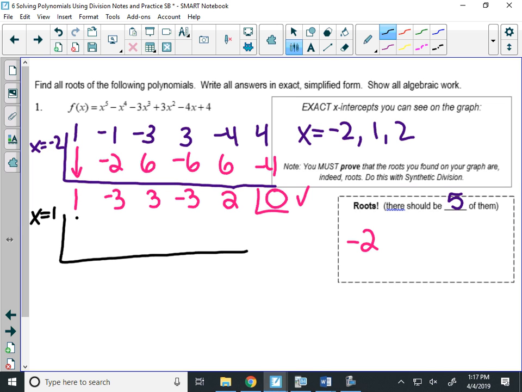Just bring the 1 down and do synthetic division with those new numbers. So 1 times 1 is 1, gives you negative 2. Multiply and add. I'm not going to talk through this one. I'm going to assume that you can do synthetic division here, and if not, we'll have to work a little bit together. Check at the end, you should get a 0 because we're proving that it's a root.